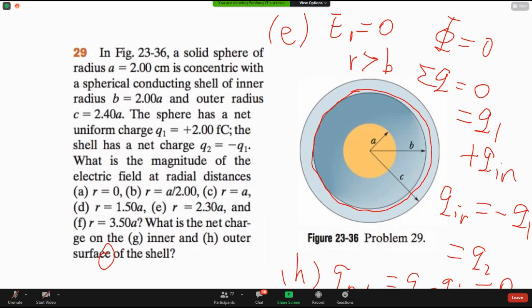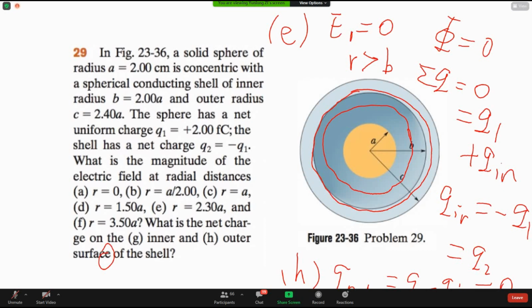Of course, Q1 and Q2 affect the E field. But if you are asking about D, where R equals 1.5A, it is outside of A but still inside of B, so you can build the Gaussian surface and calculate its flux.